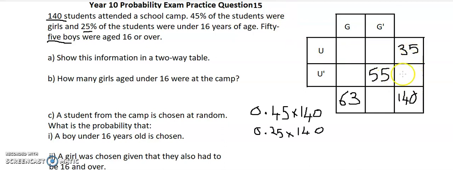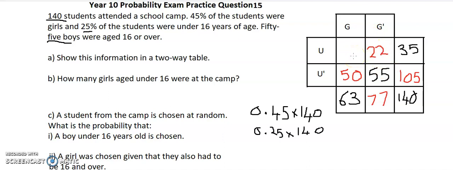140 take away 35 is 105. Now I've got 105 and I'm taking away 55, and that equals 50. I can do 140 take away 63 and get this part here, which is 77. 77 take away 55 is 22.